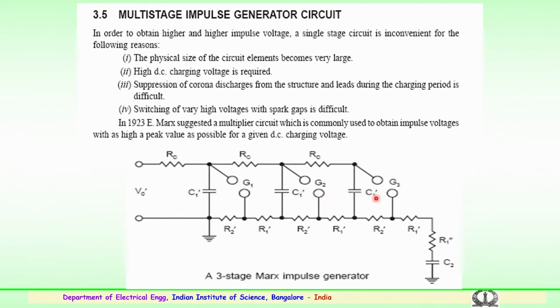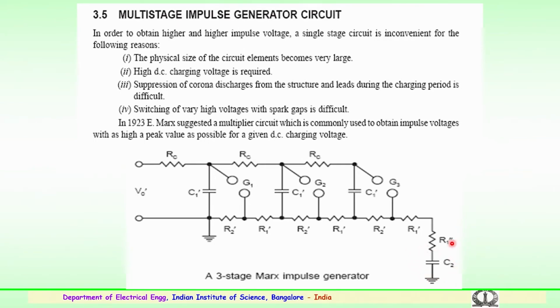After charging in parallel, a suitable mechanism discharges the entire charge through the sphere gap arrangement, and you get the output voltage depending upon the number of stages.